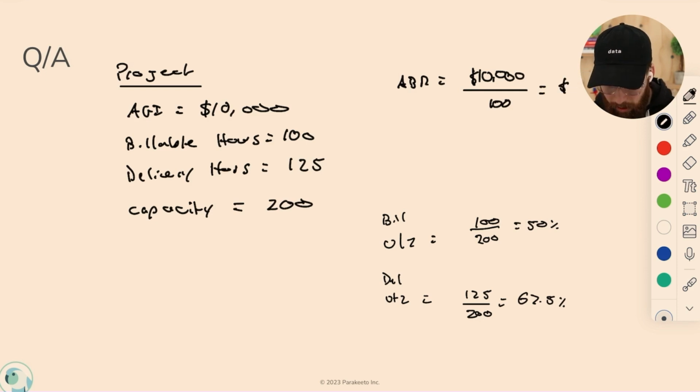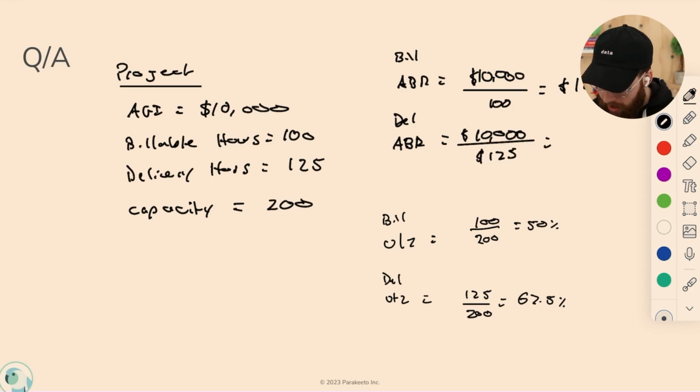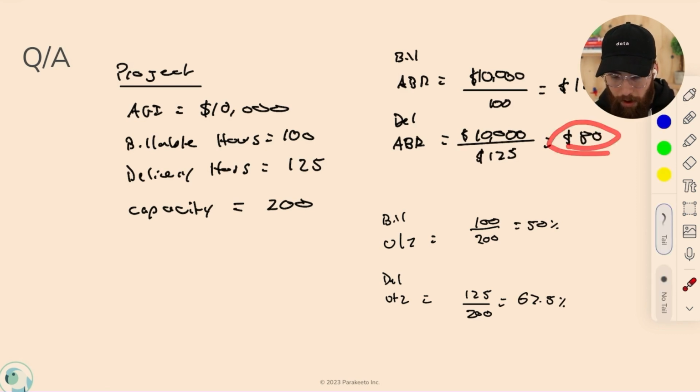So in this case, it looks like we made $100 per hour. If we did this based on delivery hours, it would be 125 hours that we're dividing our agency gross income by. And so if we divide 10,000 by 125, we end up with an $80 average billable rate. So we should see the decrease in profitability here.